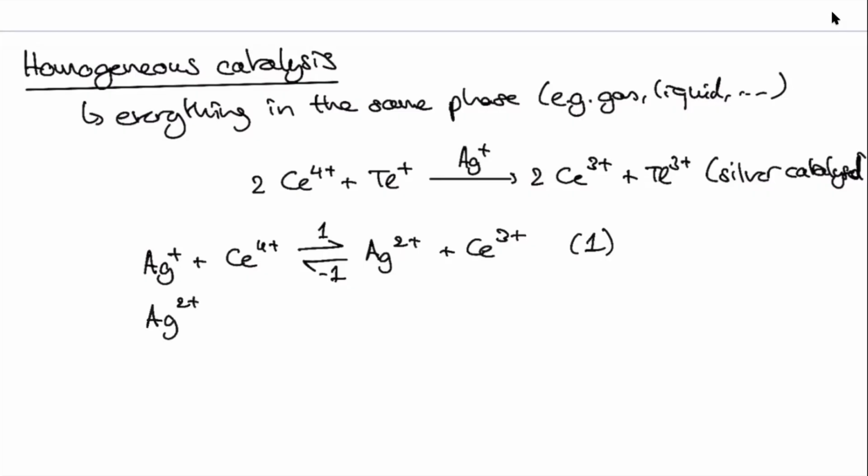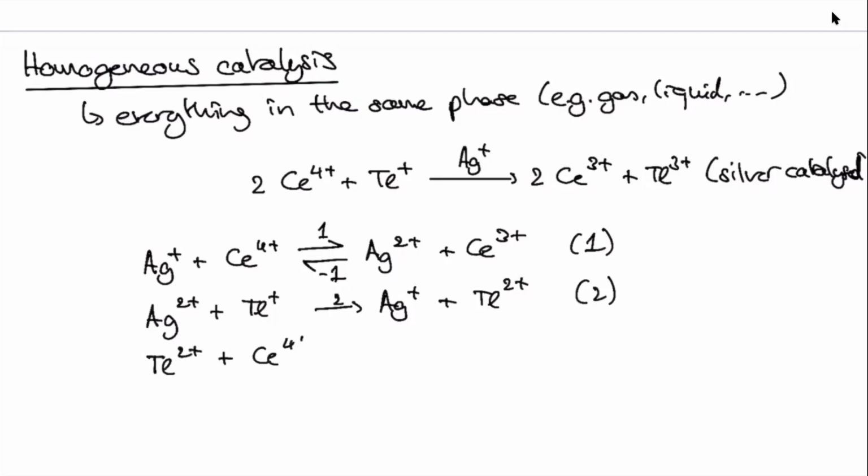Silver 2 plus, Tl plus. Silver plus, Tl2 plus. And the last one, Tl2 plus, cerium 4 plus gives Tl3 plus, Ce3 plus.